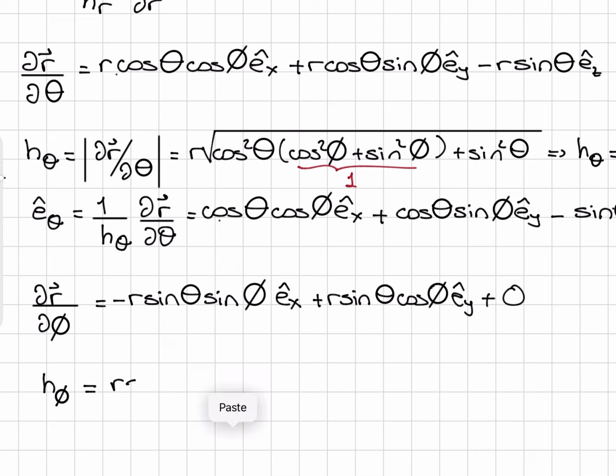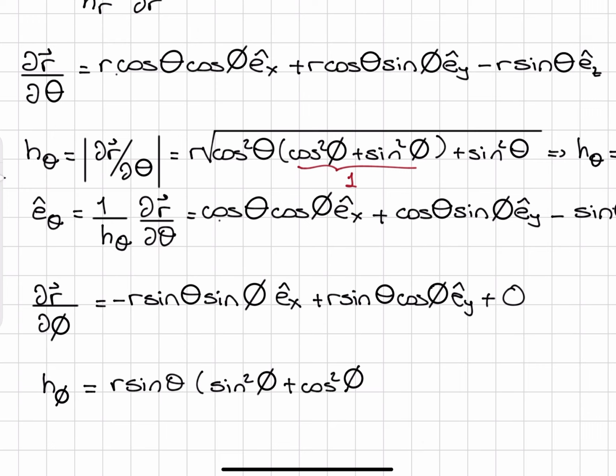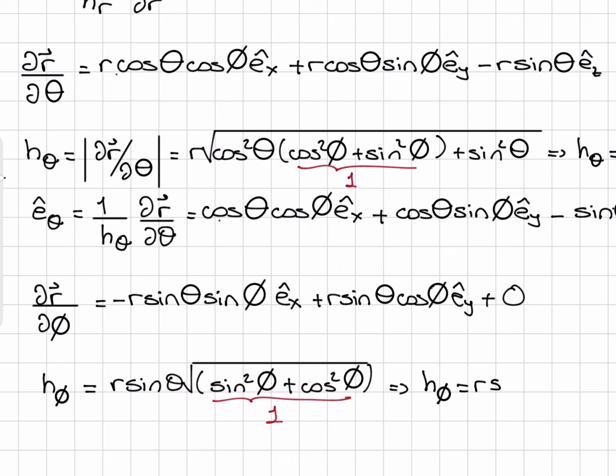So r sine theta, parentheses sine square phi plus cosine square phi, this is inside the square root, and this is also equal to 1, so we obtain our scale factor h sub phi is equal to r sine theta.